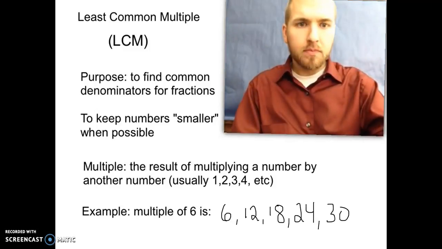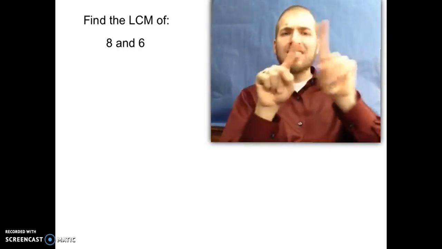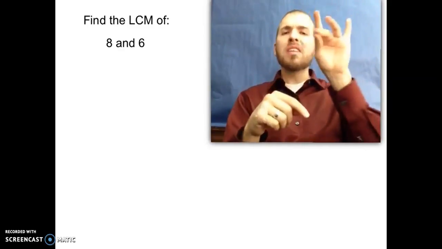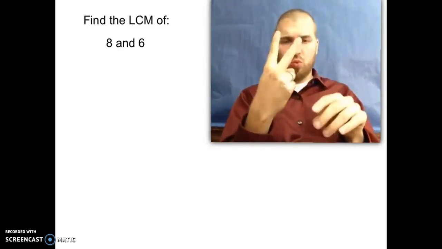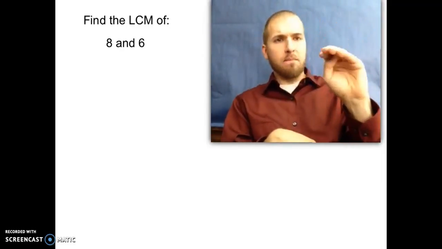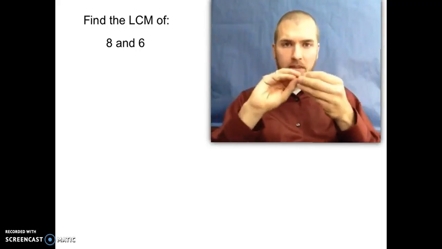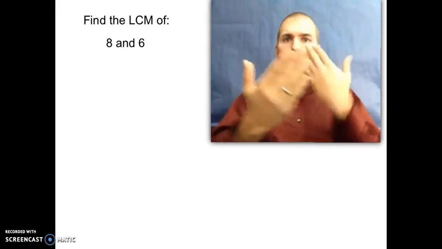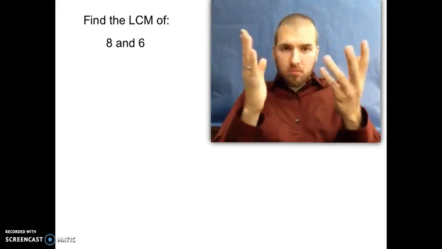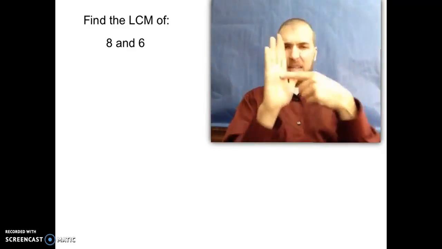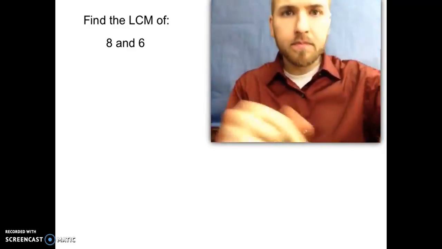So let's go to the next example. We have a few different numbers, and we'll need to find the LCM of those numbers. Let me show you two different ways. We're going to start with the first way, which is having the two different numbers. We'll have to list out the multiples of 8 and 6 until we find the number that's common for both of those.